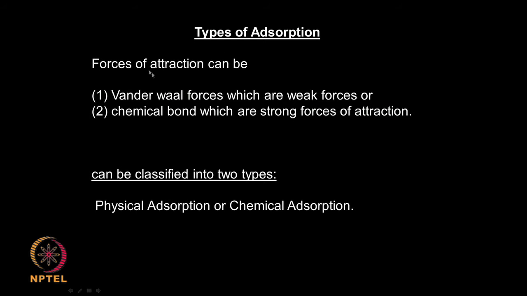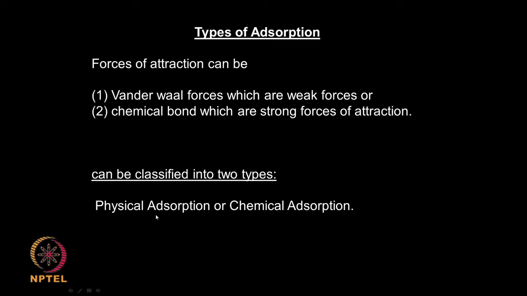There are types of adsorption that can take place, and the forces of attraction involved are van der Waals forces, or it could be a chemical bond, which is a much stronger force. Van der Waals forces, or non-bonded interactions, are weak forces, and the type of adsorption can be classified as physical or chemical.